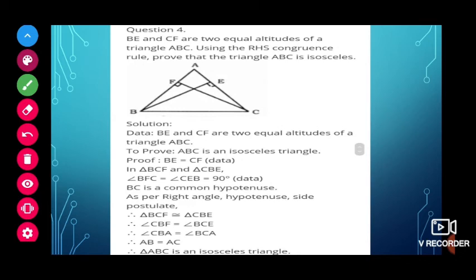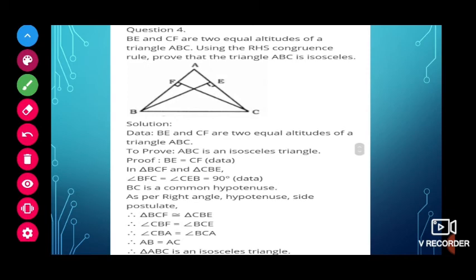BE and CF are two equal altitudes of the triangle ABC. Using the RHS congruence rule, prove that the triangle ABC is isosceles. Here they are saying that these two are altitudes. Now using RHS, what do we have to use? Right angle, the hypotenuse and a side should be equal.